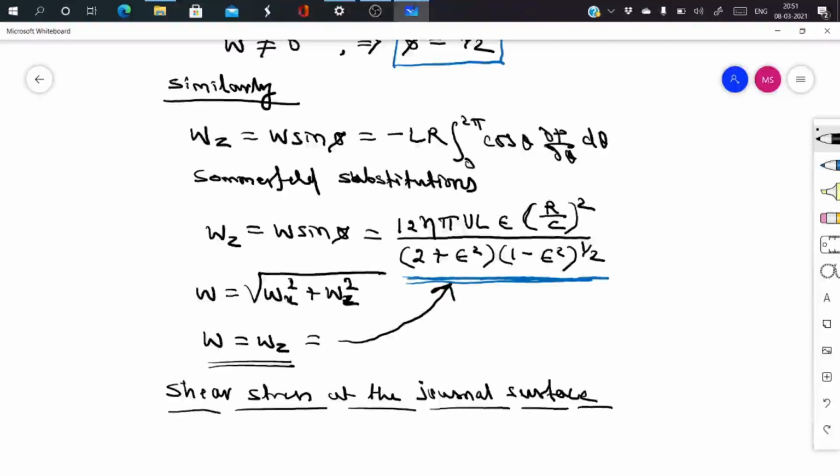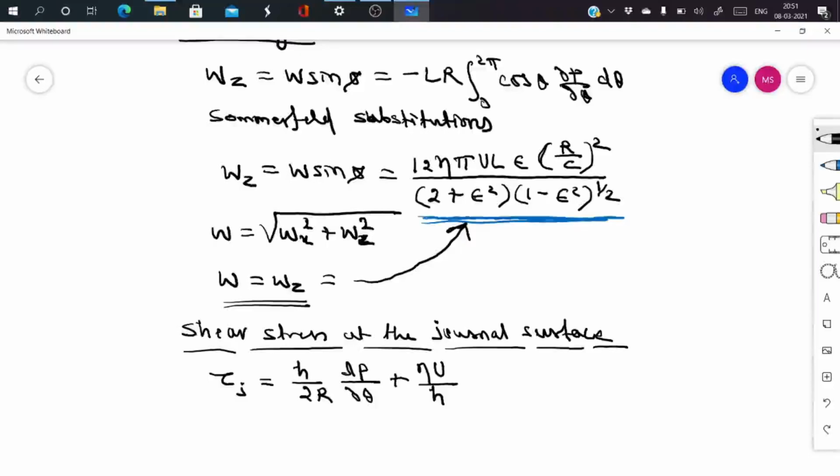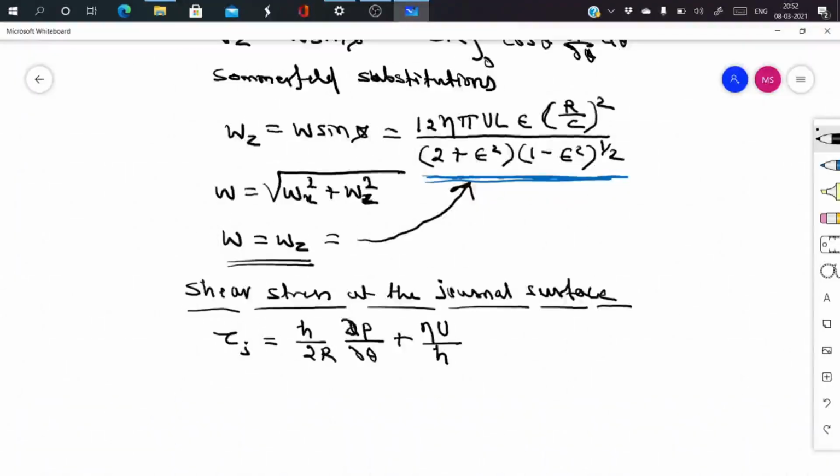So at the journal surface the shear stress will become like this: tau j equal to h by 2r del p upon del theta plus eta u by h. Now from here you can very well find the friction force.